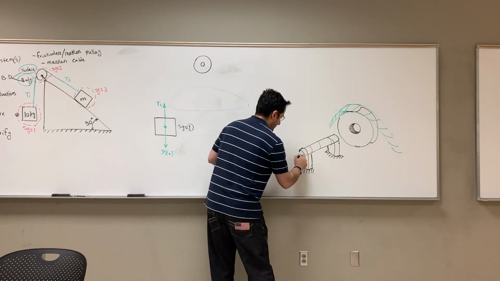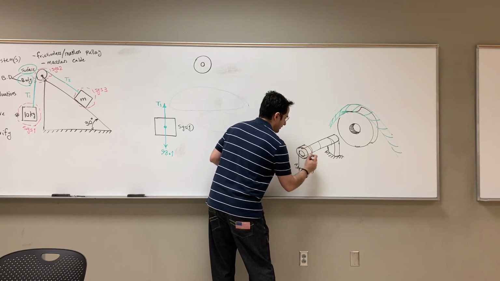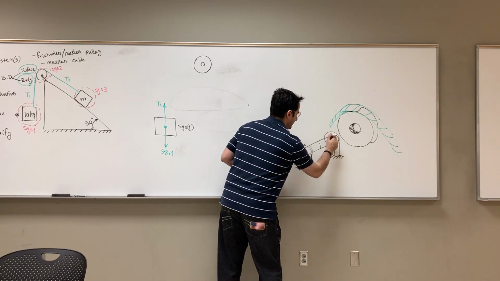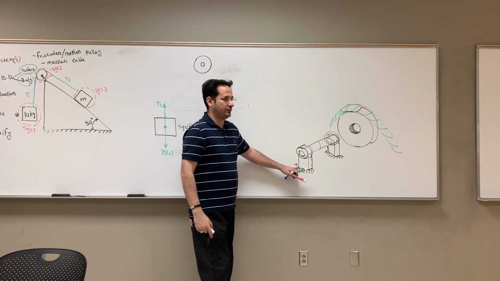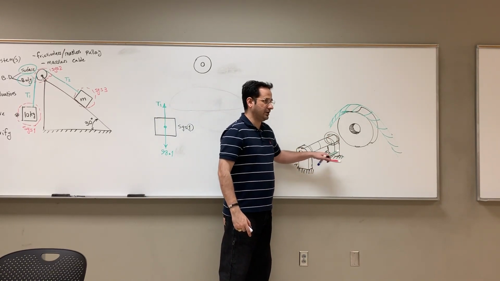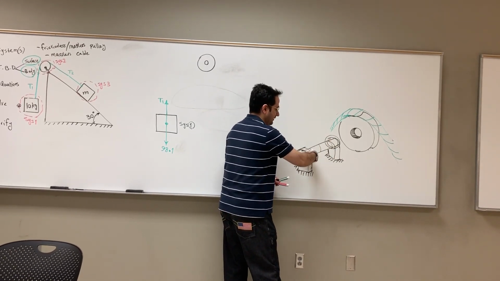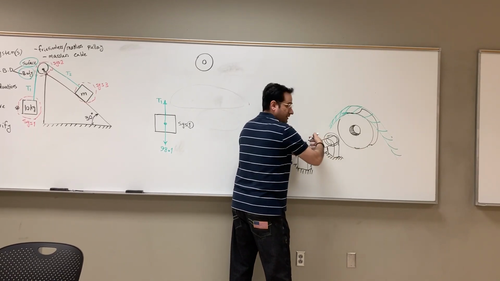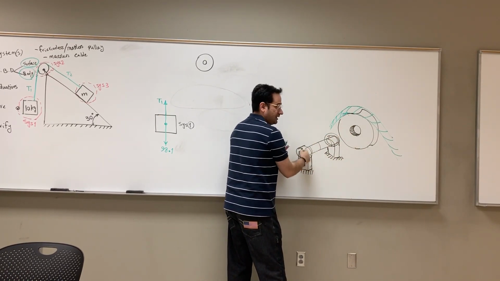There are some bearings here, ball bearings, one here and one here. So in fact, you have two pin connections, and then this is the center pin, this shaft, and this pulley goes in the center. And as you can see, this can easily rotate.